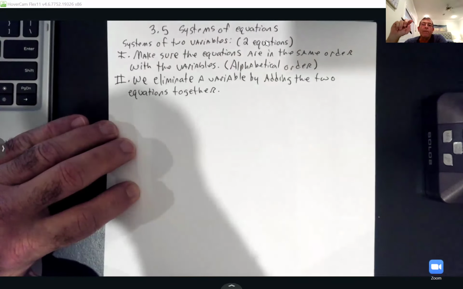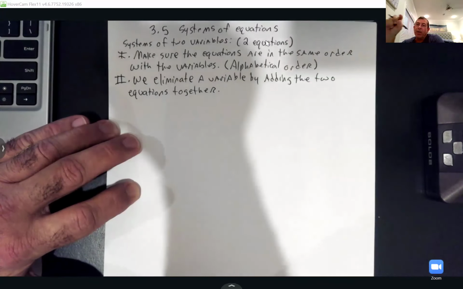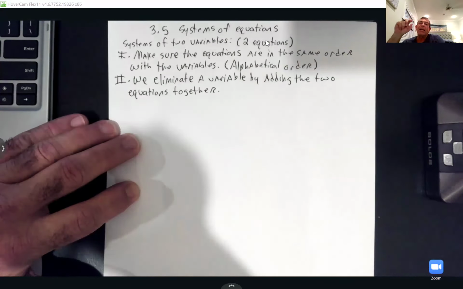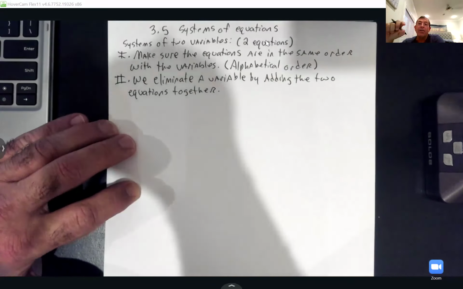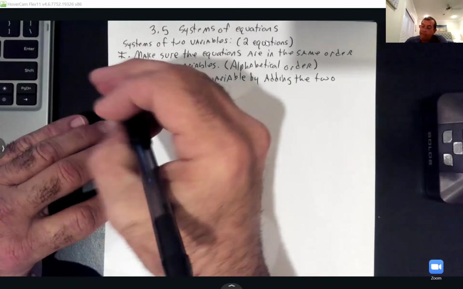Now, remember, in order for me to eliminate one of my variables, it's got to be a positive variable in one of the equations, and it's negative in the other equation. That way, when I add them, they cancel. Okay.